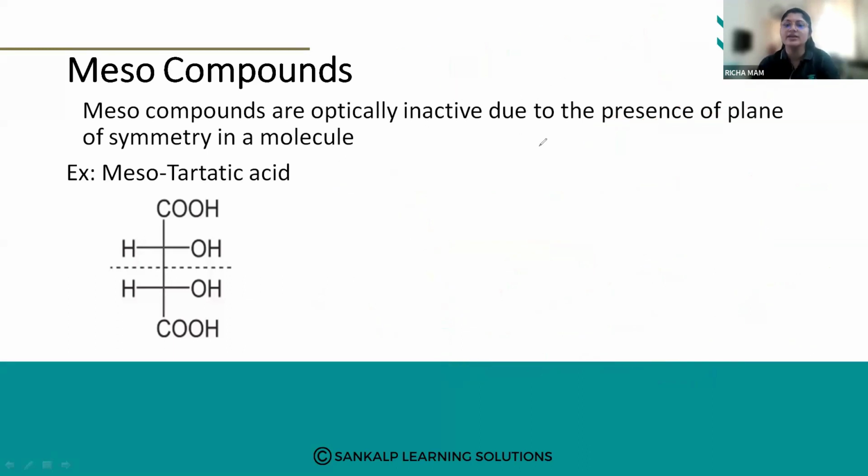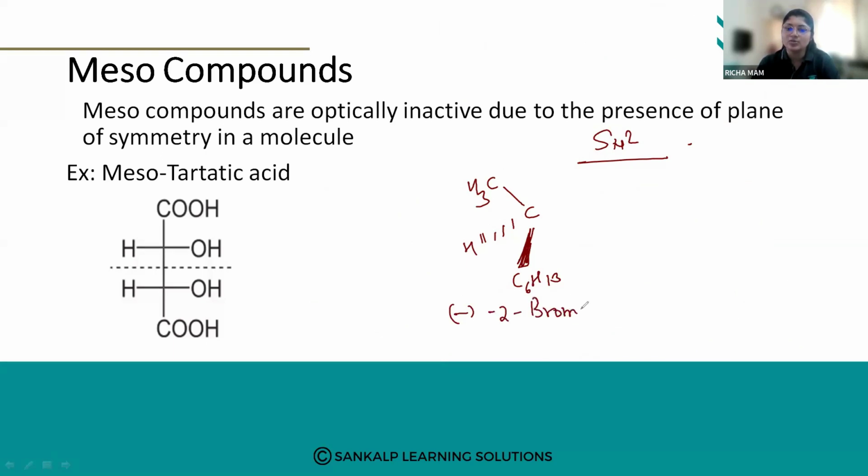Next is the stereochemical aspect in the SN2 mechanism. In the SN2 mechanism, you know that inversion of configuration is possible. So if I take a reaction like this, CH3, H, C6H13, this is (-)-2-bromooctane, Br. So what will happen?